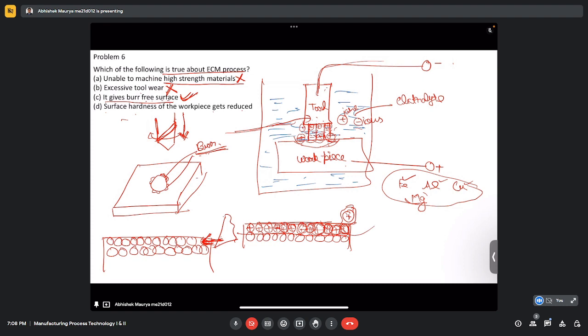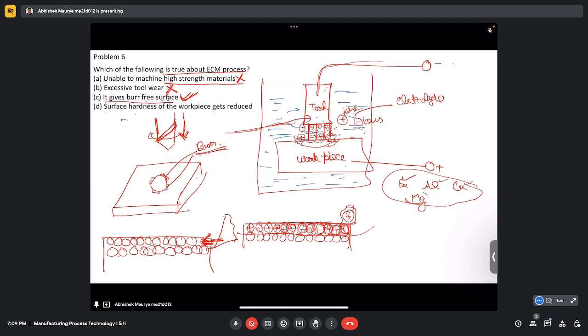What is plastic deformation? That is the permanent displacement of atomic positions, and because of it we are disturbing the surface which we get after machining, and that deformation we are doing plastically.